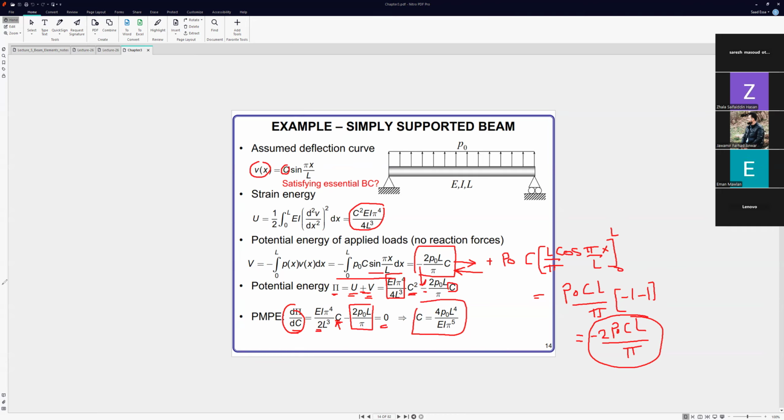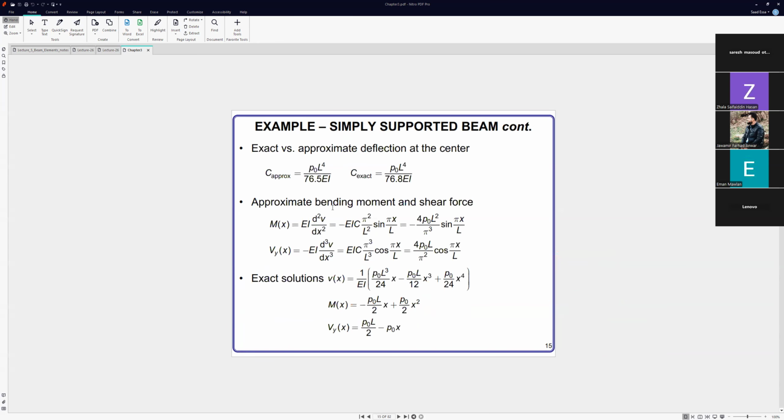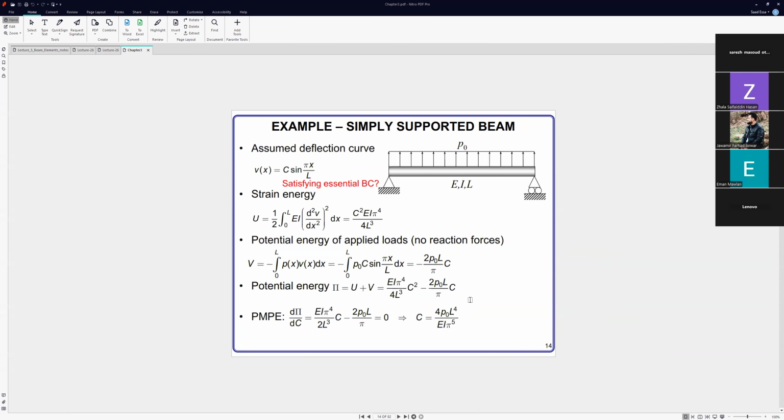So, the approximate deflection at the center: if we substitute x equal to L over 2, sine of pi over 2 is equal to 1.